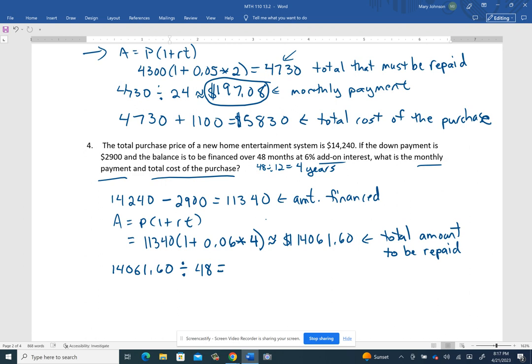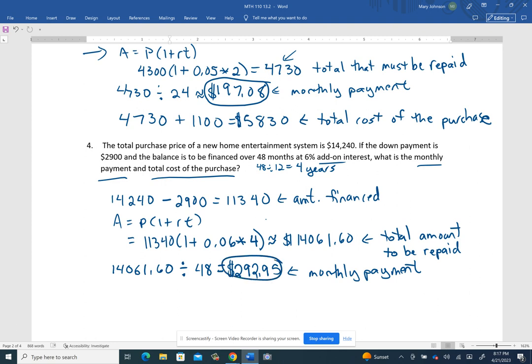And that would turn out to be $292.95. And that would be the monthly payment. Right? So that's one of the things they asked me for.